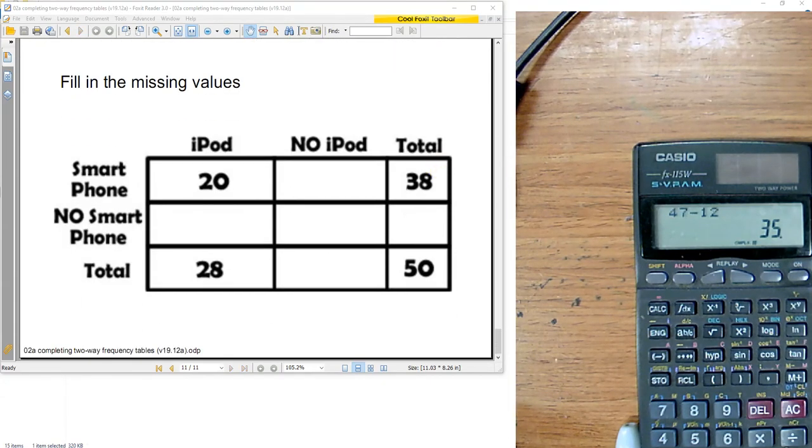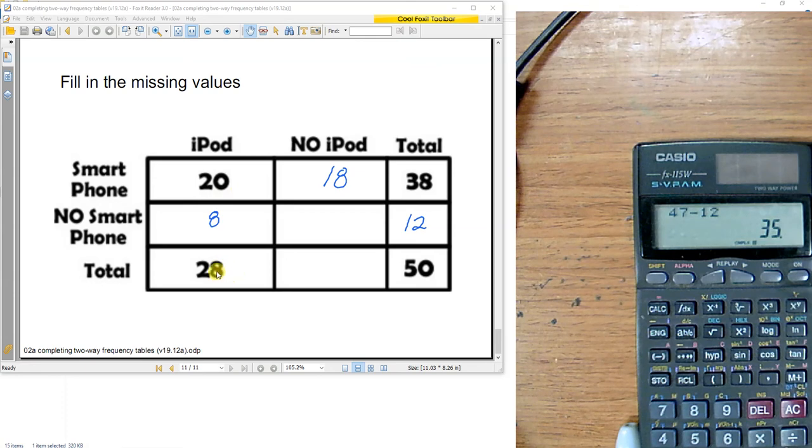And we've got one more. Okay, 38 plus something is 50. 38 plus 12 is 50. That worked. See, 20 plus something is 38. 20 plus 18 is 38. That worked. 20 plus something is 28. 20 plus 8 is 28.